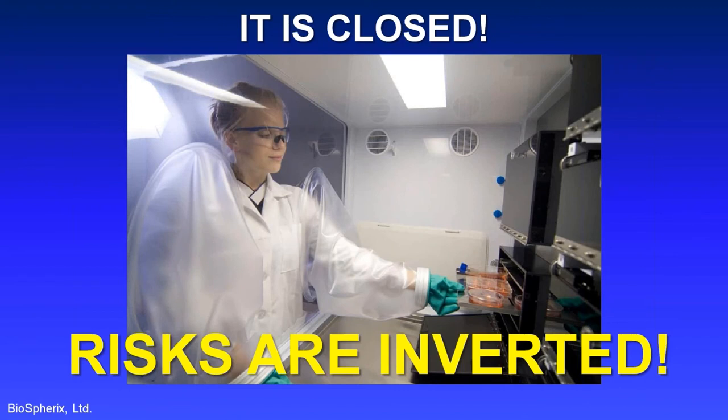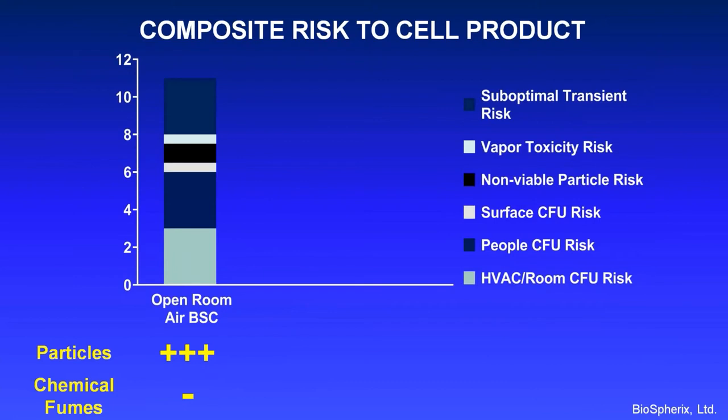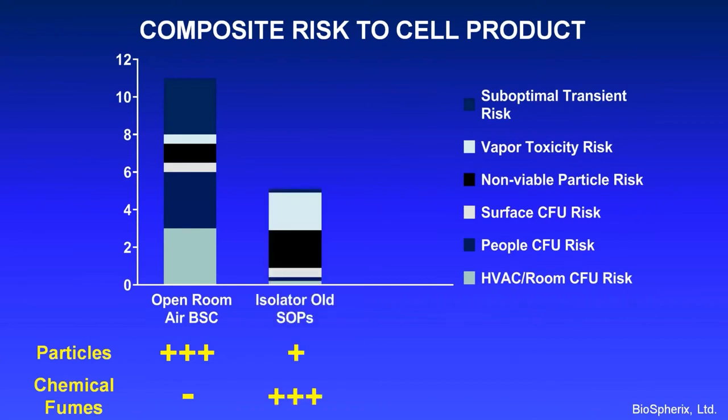What does it mean? In the open room-air BSC system, the overall particles, including both viable and non-viable particles, are relatively high because it's open. There are no chemical fume risks. If we use the same SOP in closed systems, such as the Biospherics Xvivo systems, the overall particles, particularly viable particles, are dramatically decreased.